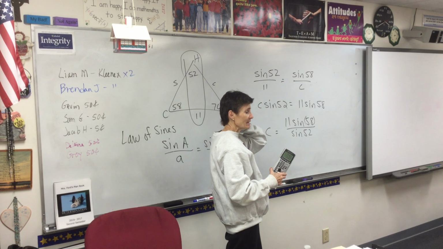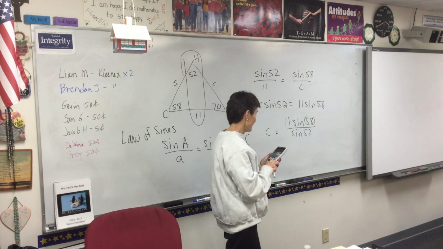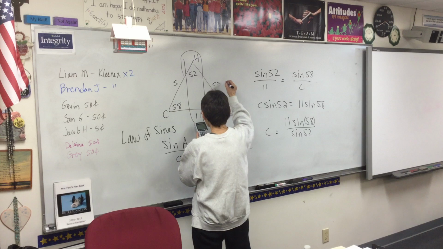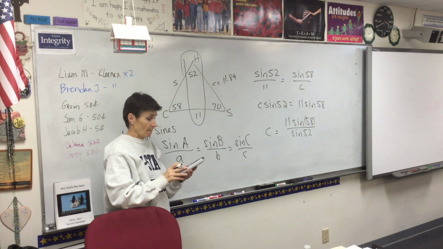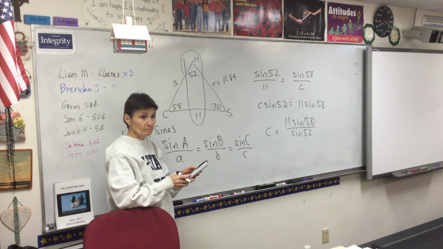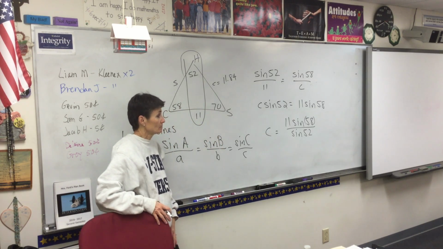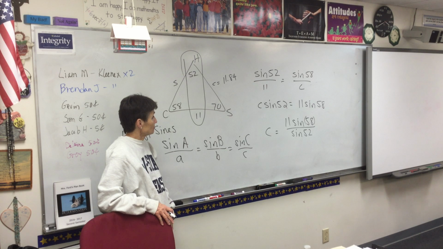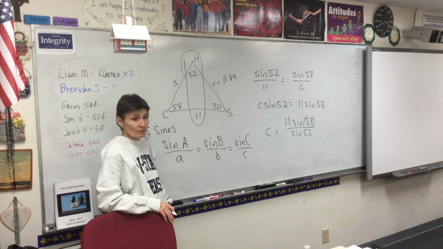You got to remember to close the parenthesis before you hit divided by. And for side C, I got 11.84. Is that what you got? Now, one thing to make sure is your calculator's got to be in degrees, obviously.